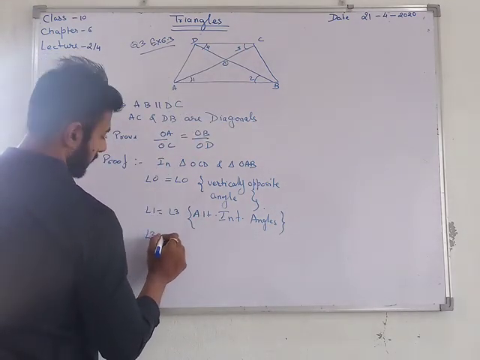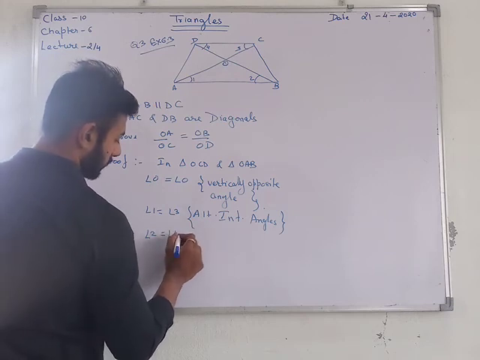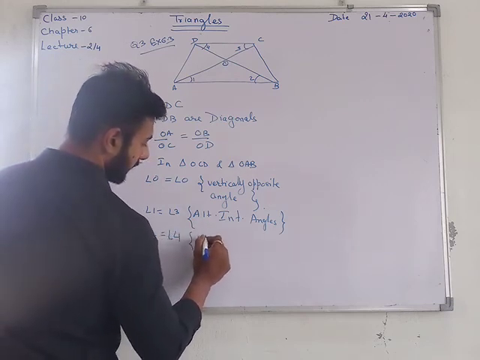Angle 2 is equal to angle 4, also alternate interior angles.